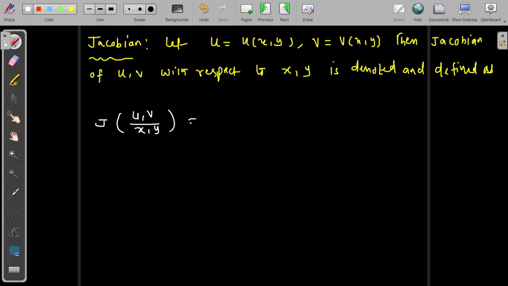The other notation is dou of u comma v by dou of x comma y. This is the notation for the Jacobian for the function of two variables, and the definition is like this.